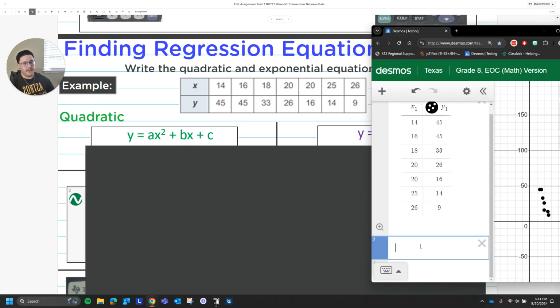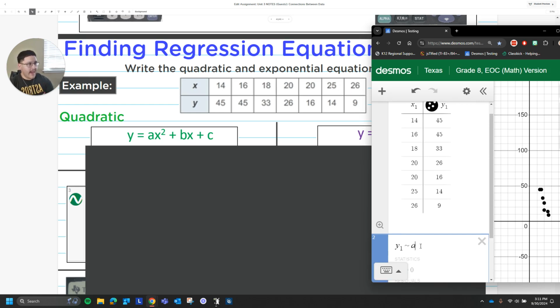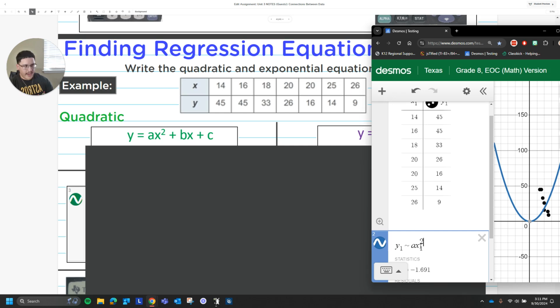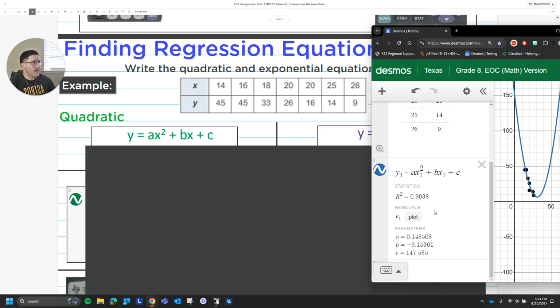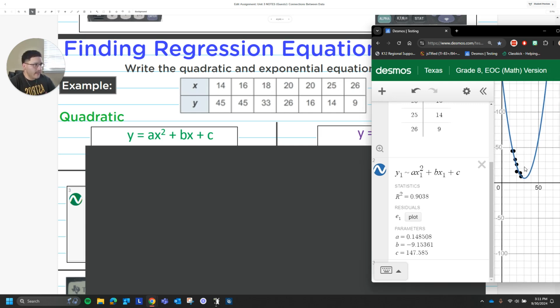So you need to type the following: y1 squiggly ax1 squared, the arrow to the right to get back on level, plus bx1, and then plus c. And then here is my equation.